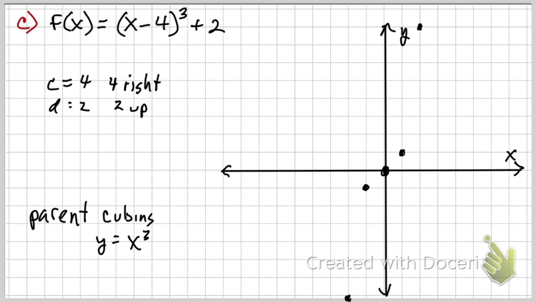So that should put it at, what, 2 and negative 6? Right there. The negative 1 point, 4 to the right, 2 up. The 0, 0 point, 4 to the right, 2 up.